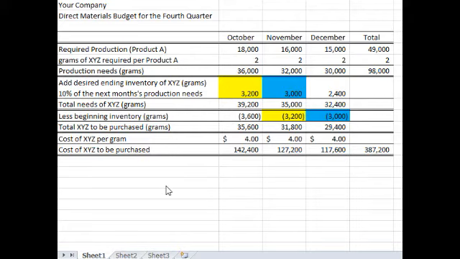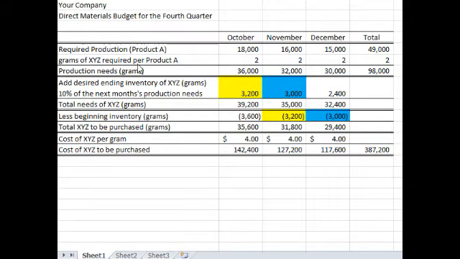Then all the information given to us was listed here. First, required production was 18,000 in October, 16,000 in November, 15,000 in December. So overall 49,000 of product A was necessary.